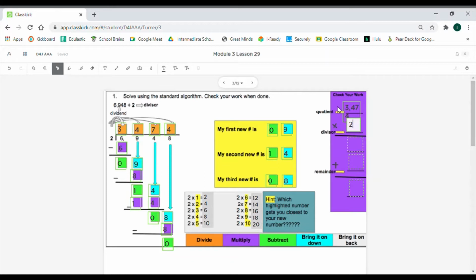So we know that our quotient is 3,474. Our divisor is 2, and our remainder is 0. We should be aiming to get 6,948 as our answer. Go ahead and pause the video to do the math.